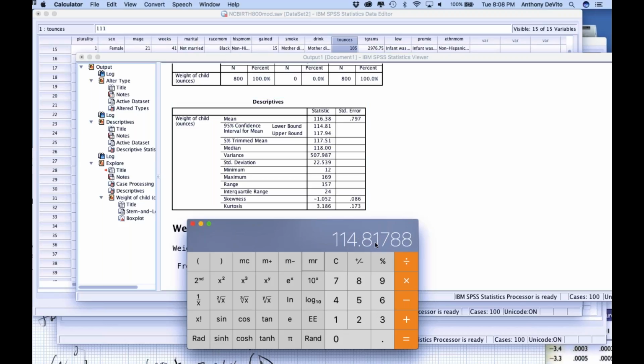But you can see there's only a tiny difference because the sample size is so enormous. 800 is a really big sample size. But we did get a different answer than we would have gotten if we used a z-score of 1.96 instead of the t-value that SPSS uses.